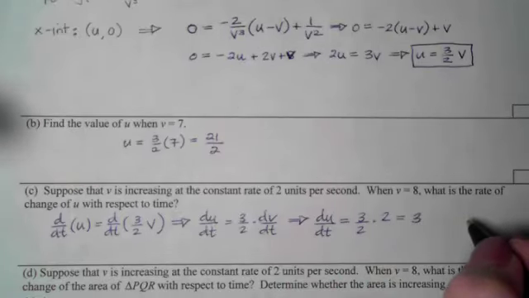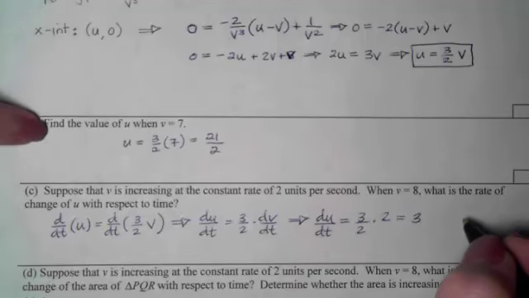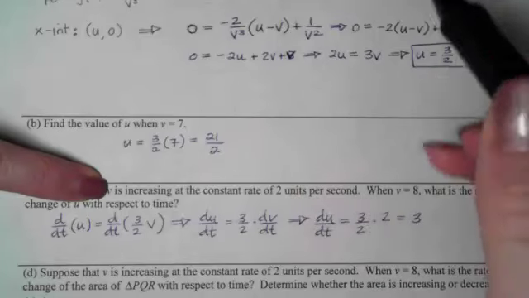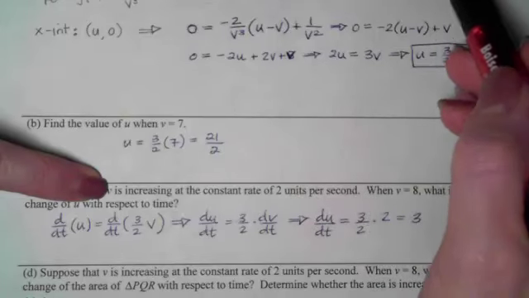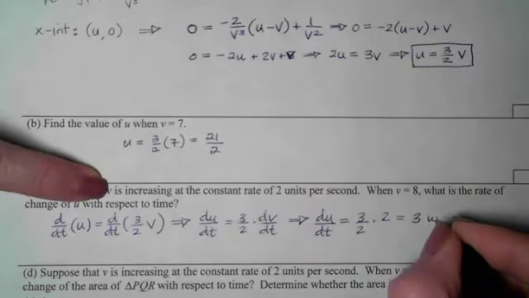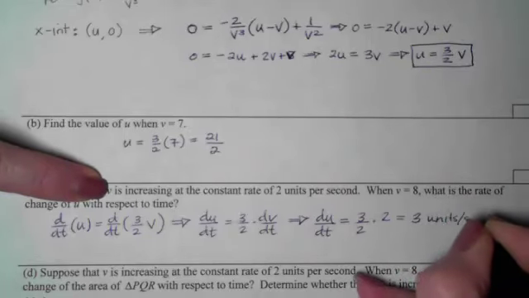Because this is a free response, we need to interpret what that means and apply the units. Since v is increasing at units per second and u is just another single point coordinate, it will have the same units. So we'll get 3 units per second.